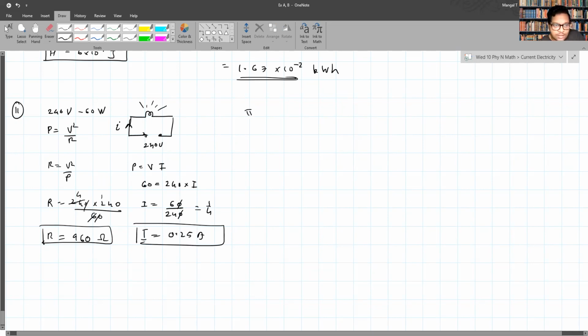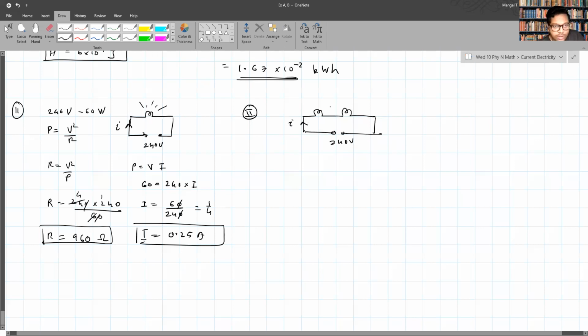Now the second part of the question says that two such lamps are connected in series. So do you think that 0.25 ampere will flow?